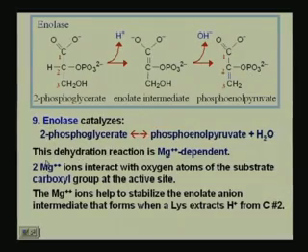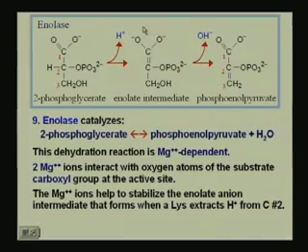But there are some other notes here where we have the dehydration reaction is magnesium dependent. The two magnesium ions interact with oxygen atoms of the substrate carboxyl group at the active site. So, what happens is we have a magnesium interacting with the oxygen atoms of the carboxylic group of 2-phosphoglycerate that helps stabilize. So, we have 2 O minuses here, right.